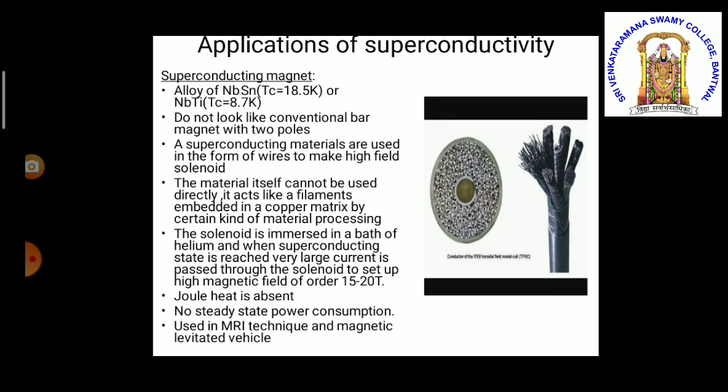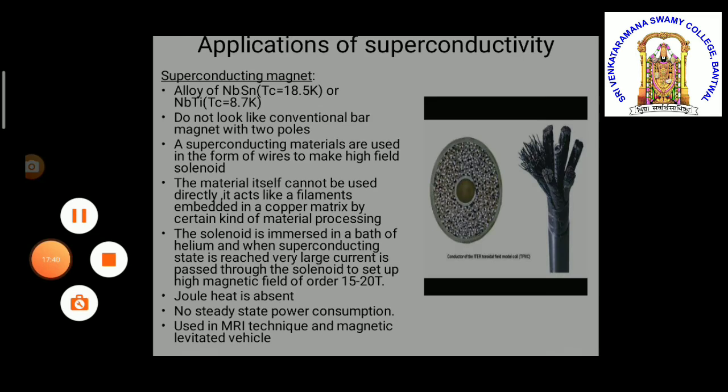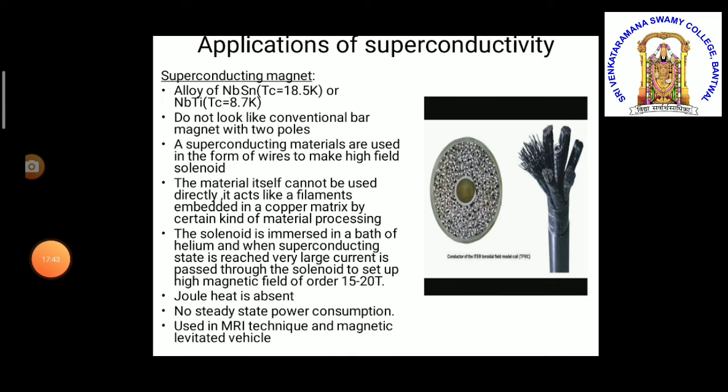For this, alloys of niobium tin, whose critical temperature is 18.5 Kelvin, or niobium titanium are used, whose critical temperature is 8.7 Kelvin. They do not look like a conventional bar magnet with two poles, north and south.